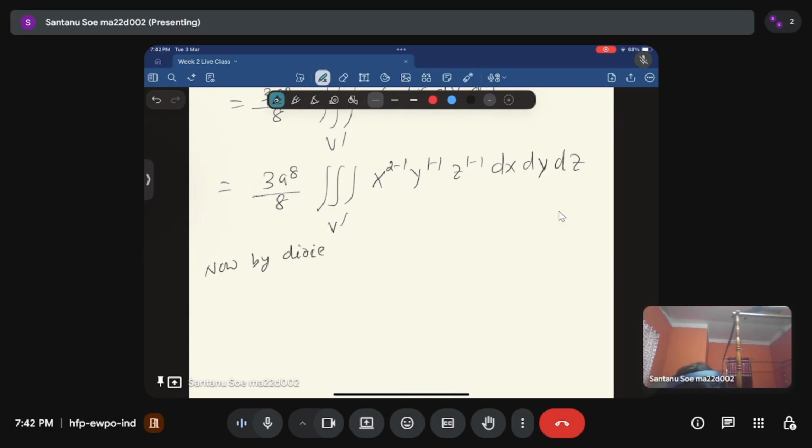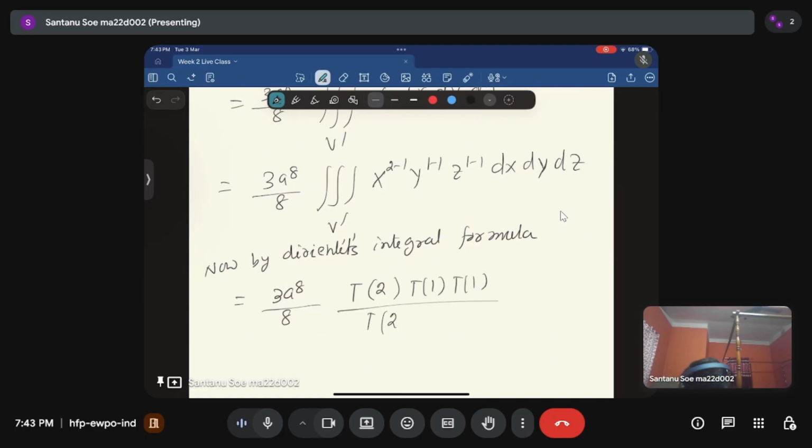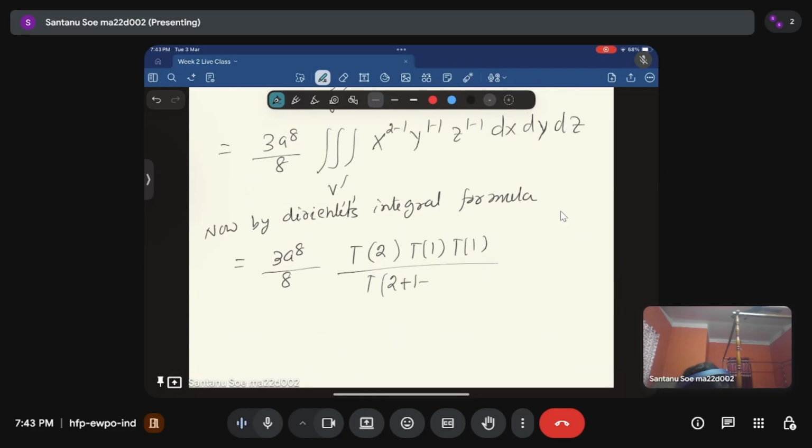Okay, so now by Dirichlet's integral formula, this is same as 3a to the power 8 divided by 8. This is gamma of 2, gamma of 1 into gamma of 1 divided by gamma of 2 plus 1 plus 1 plus 1, right?